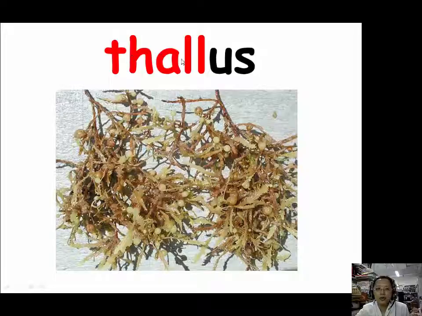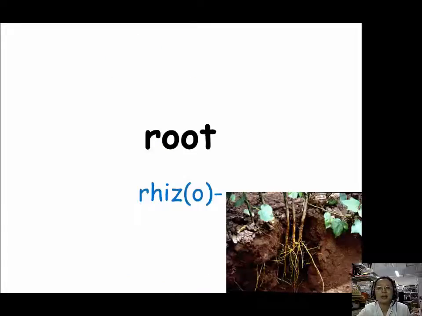Our example for thallo is thallus. Thallus is an undifferentiated plant body, such as an algae. Like in this picture, it shows a thallus structure of an algae. And they usually lack vascular tissue. That's why they are called thallus.